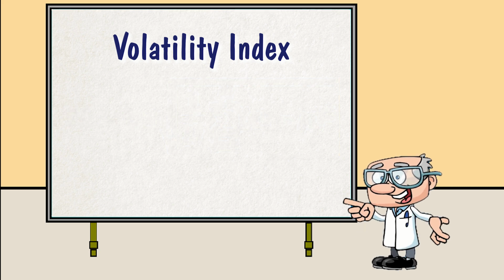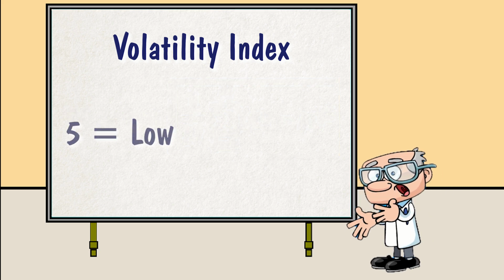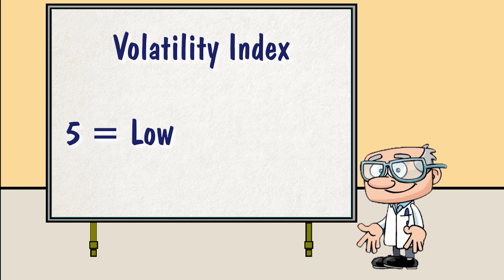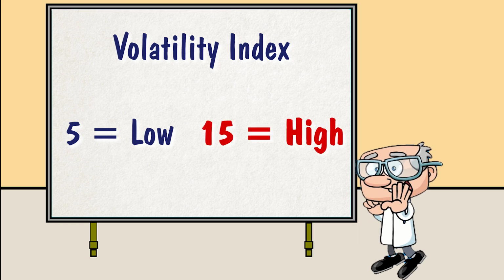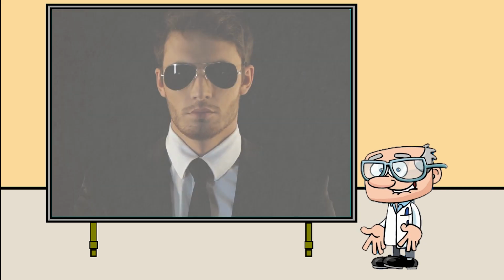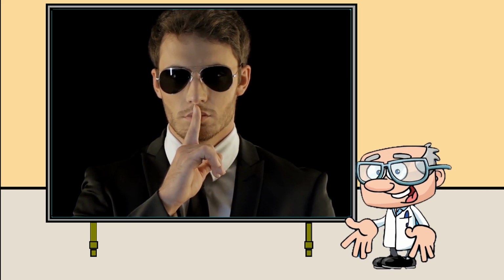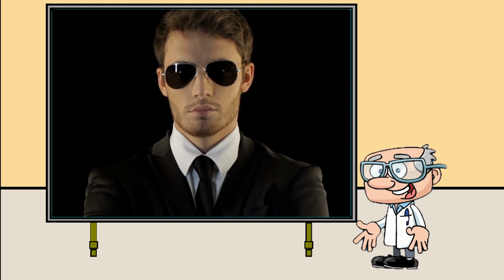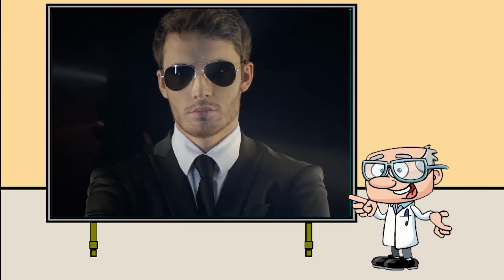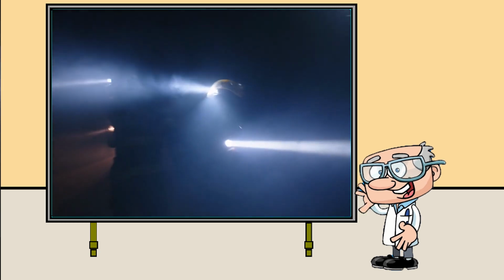If a slot has a VI of about 5, it might be considered low volatility. If a slot has a VI of above 15, it might be considered high volatility. But unfortunately, slot players never get to see the volatility index. It's an insider's secret.